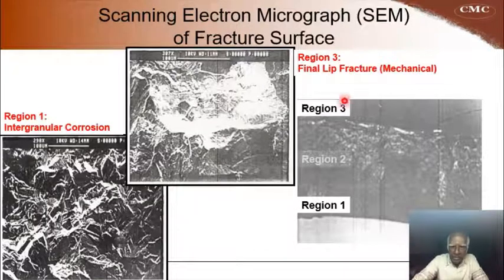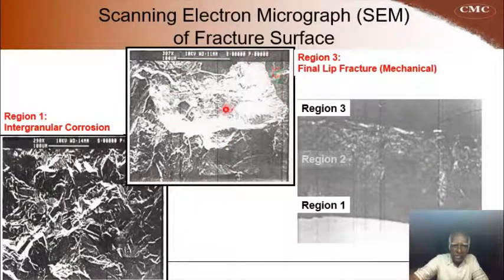The region 3 is having a different type of fracture. You can see the difference here between this and this. And region 3 corresponds to the final fracture end. This is called the final lip fracture. You can see it is a very fast fracture.